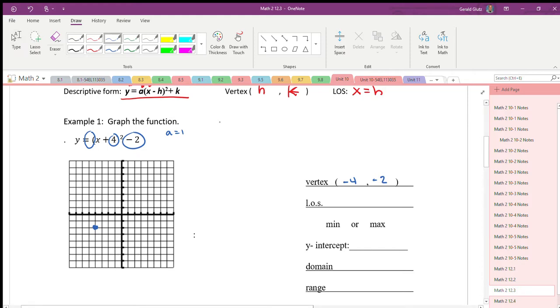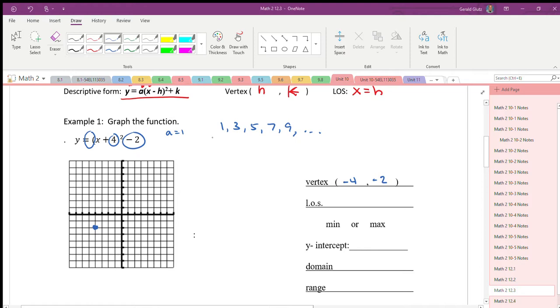But what I like to do is use the pattern. So 1, 3, 5, 7, 9, it's just all odd numbers. And then we have to multiply it by whatever a is. But if a is 1, which it is in this case, then all these numbers are going to stay the same. So these are the average rates of change that I'm going to use to graph.